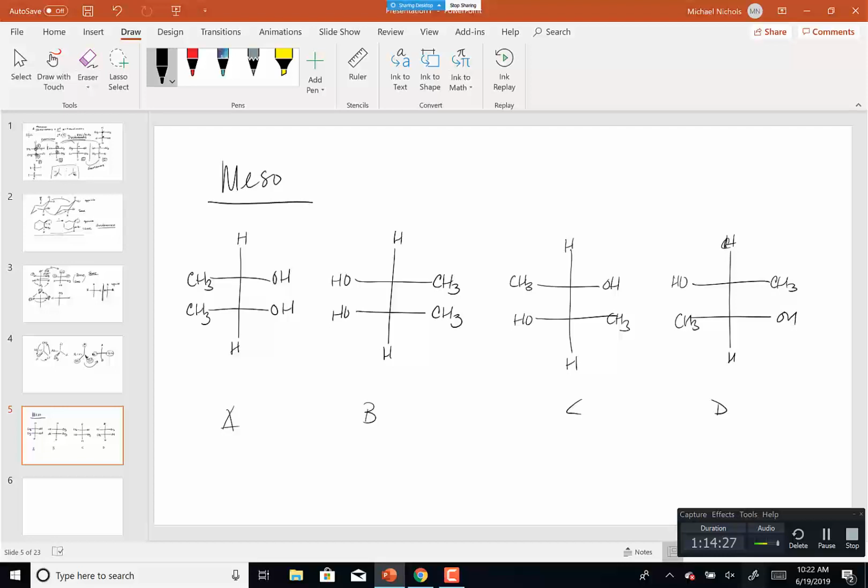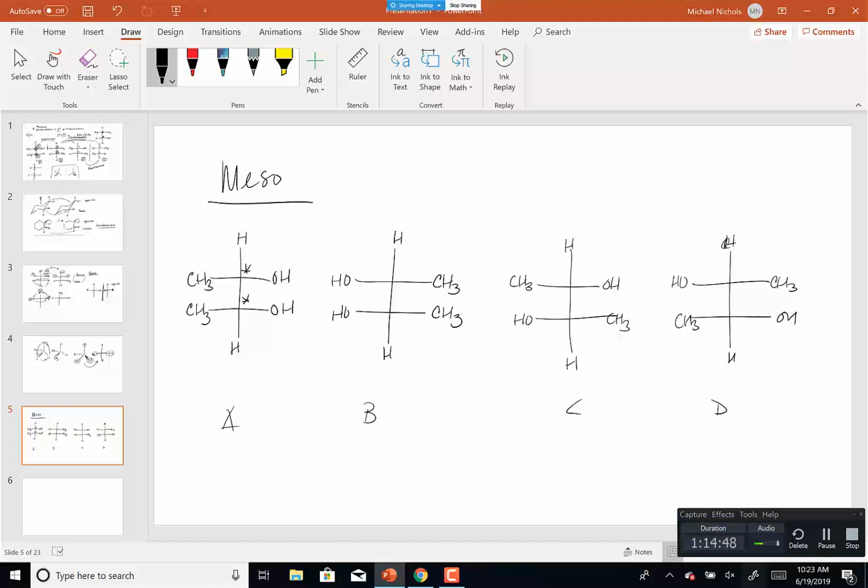So exactly what I did before. I started with the structure, and I've got 2 chiral centers. That means I have a maximum of 4 possible stereoisomers. And so now I've written the 4 stereoisomers.